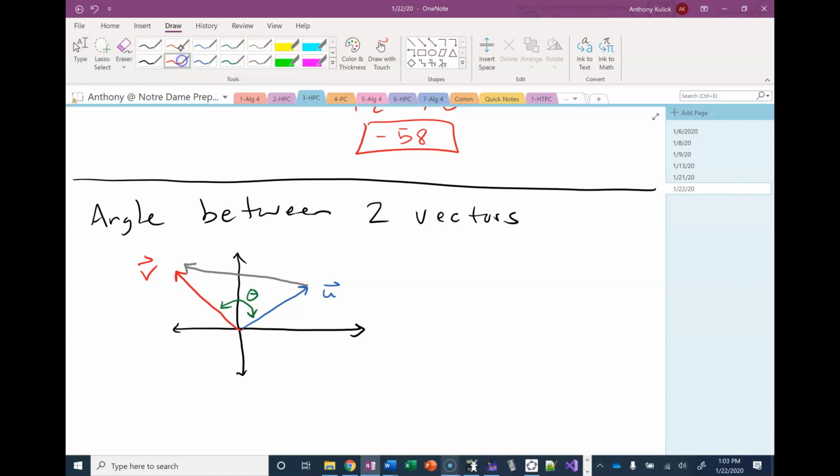Well, let's think about it this way. So I've written these two vectors head to tail, right? What vector operation does this imply geometrically? That is addition.